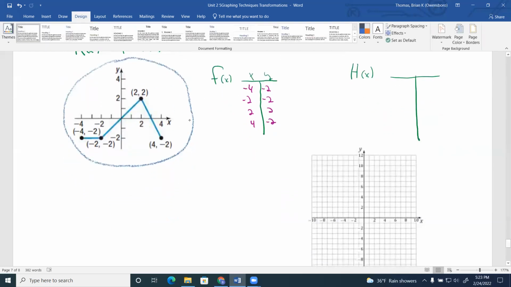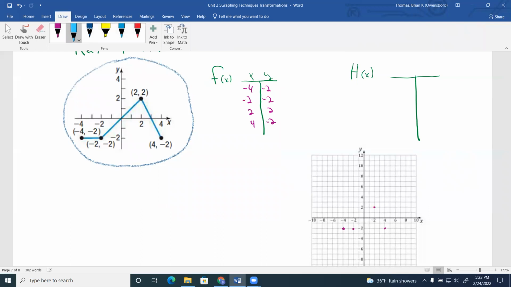So when I graph this function, I have -4, -2, -2, -2, 2, 2, and 4, -2. So remember the graph, if we use a light color, kind of goes across here, goes up and crosses back down to there. So that's kind of our function. So we just brought it over to the graph.